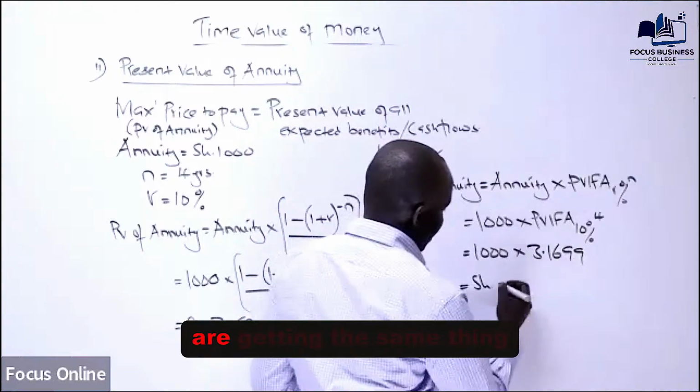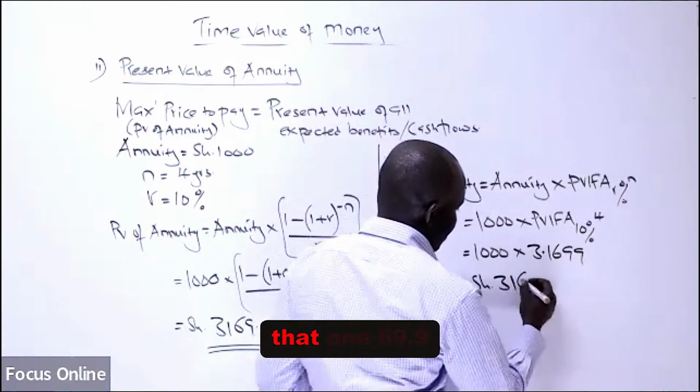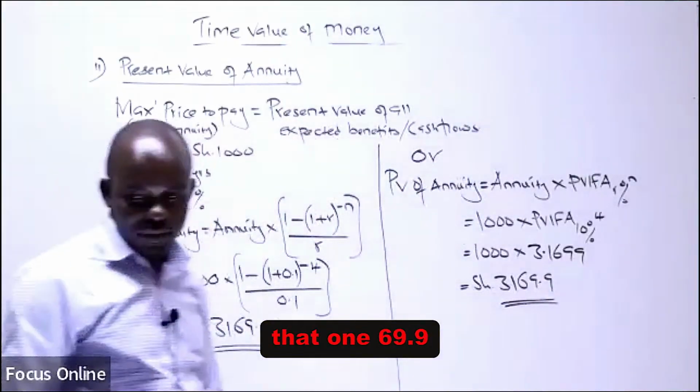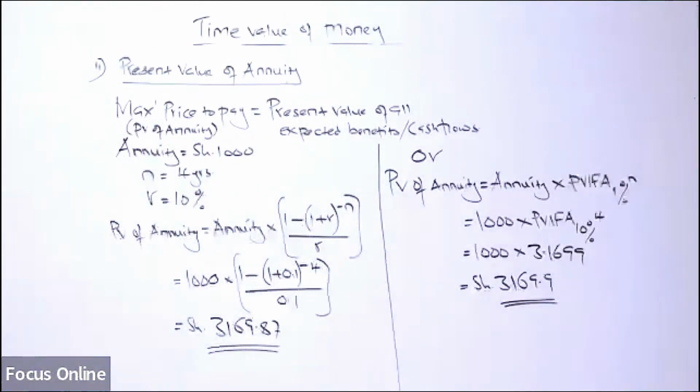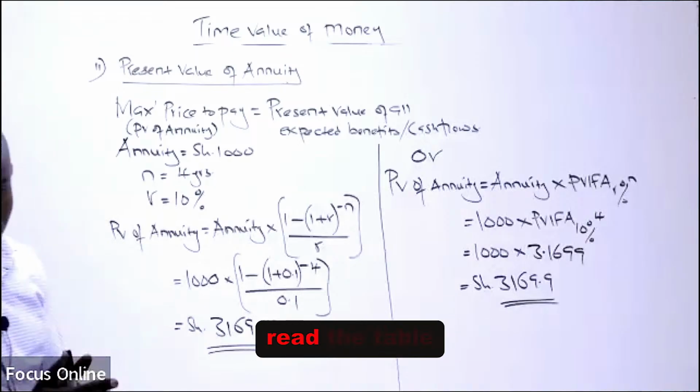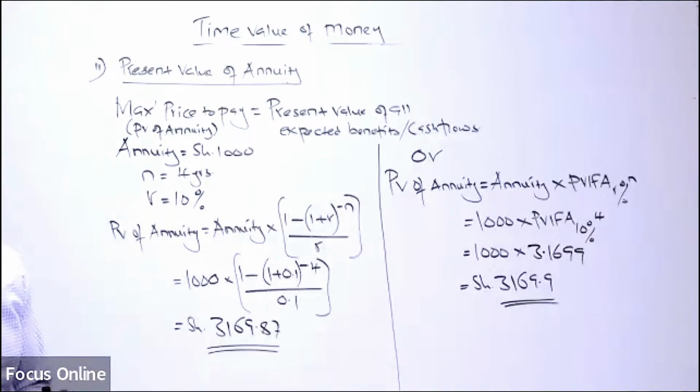So you can see we are getting the same thing, 3.1699. I want to believe you've all been able to read the table. Yeah?